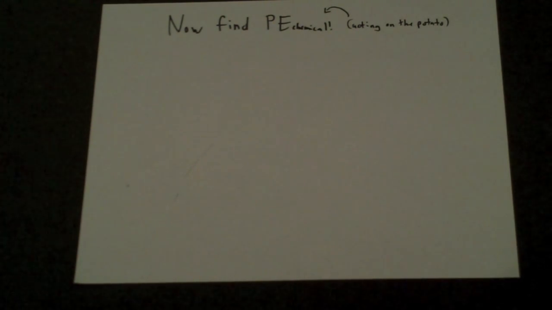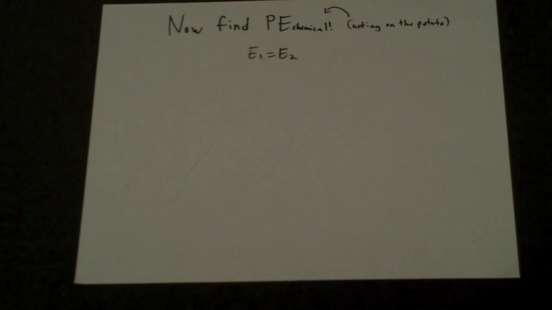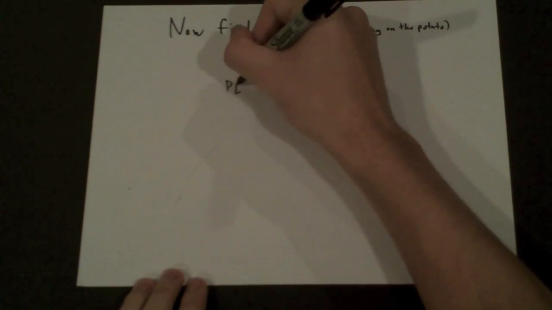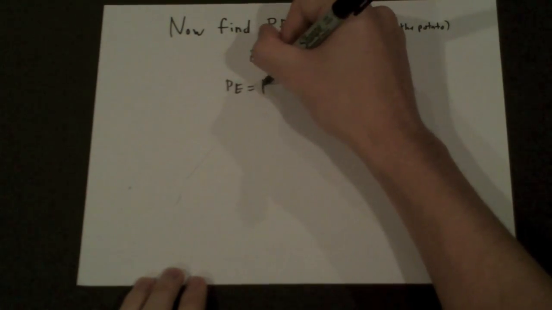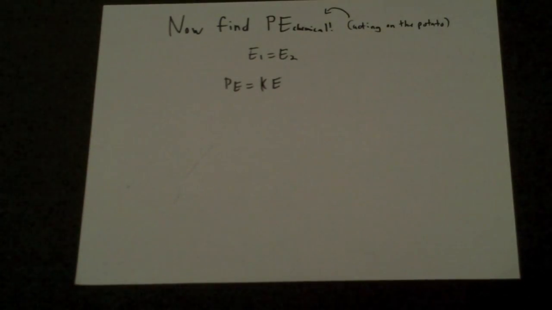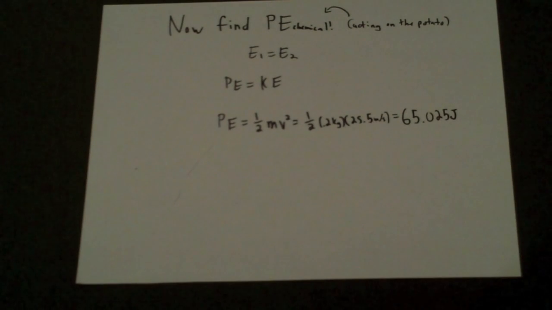Since we don't really care about the energy lost in a system, we can assume that the system is closed, which means E1 equals E2. E1 is potential energy, and E2 is kinetic energy. We can solve for kinetic energy, so that means potential energy is 65.025 joules.